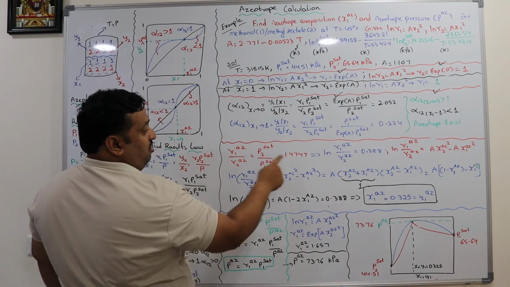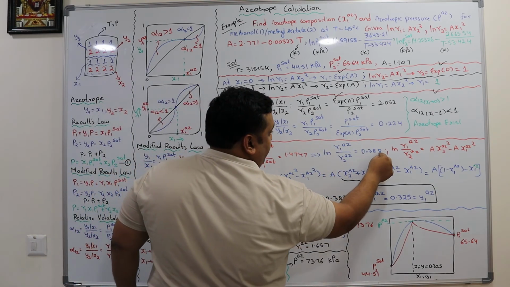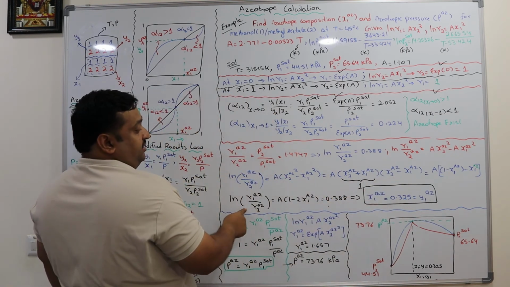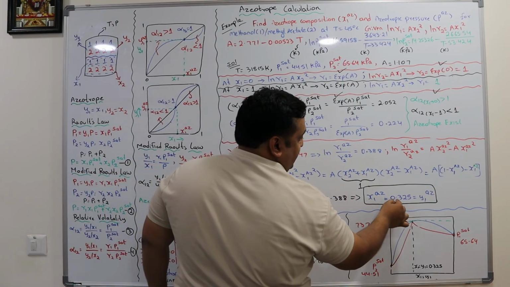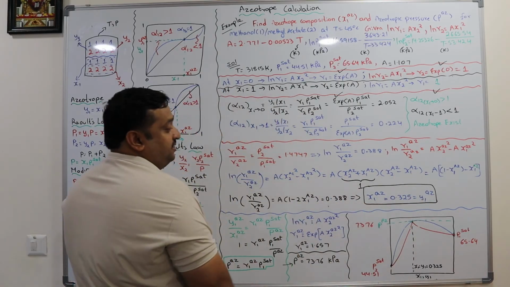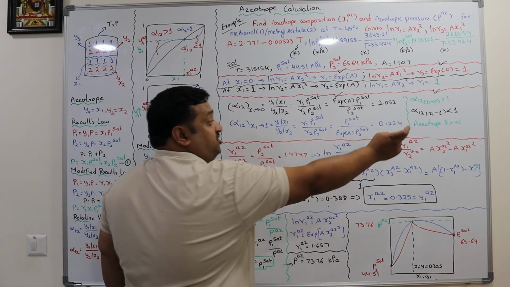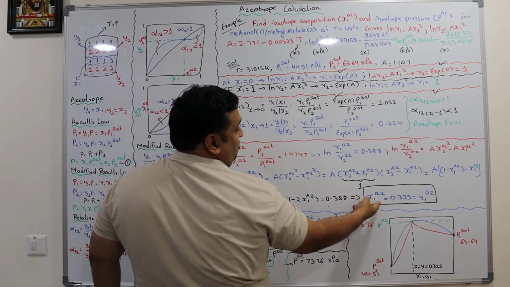Then I know the value of ln(gamma 1 azeotrope / gamma 2 azeotrope) is 0.388, which I equate. From this I can find out x1 az is 0.325. So using this procedure I have found out azeotrope exists. If azeotrope exists, what is the composition of azeotrope?